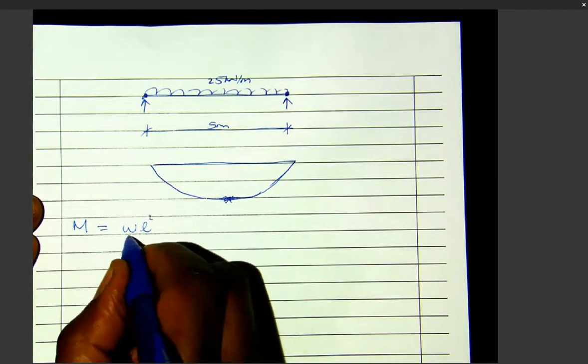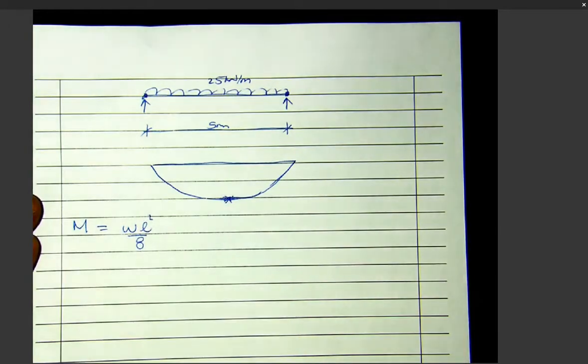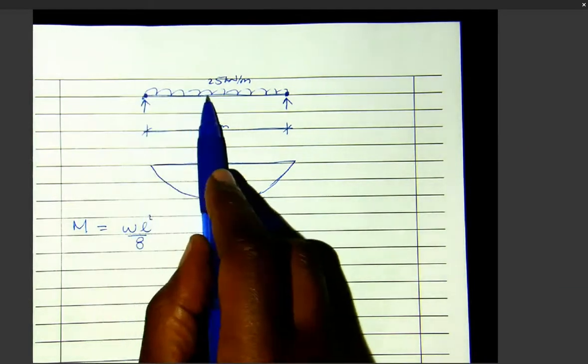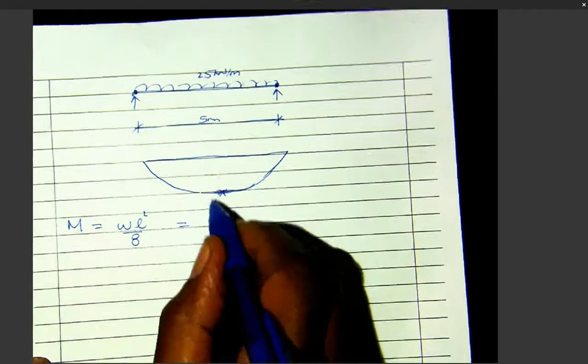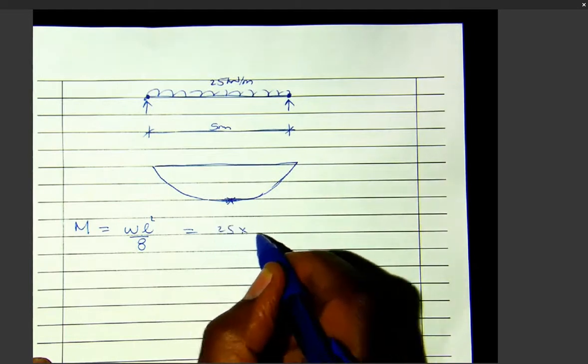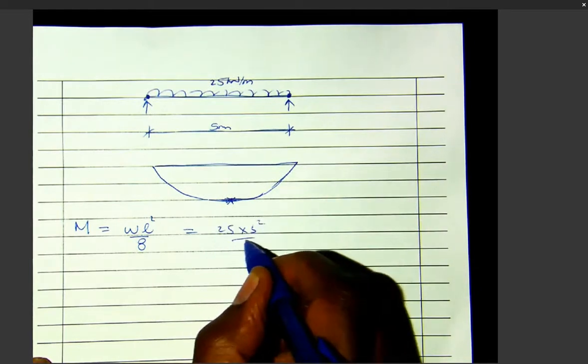This moment M is WL squared over 8. You just use that for a simply supported beam with the uniformly distributed load over the entire beam. M is equal to WL squared over 8. So my W is 25 times my length 5 squared over 8.